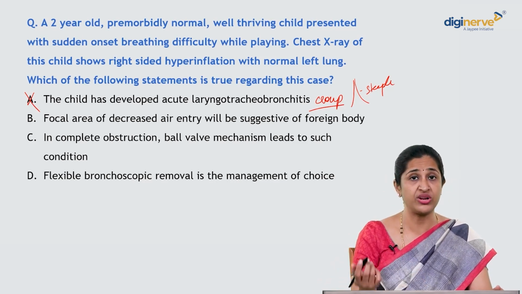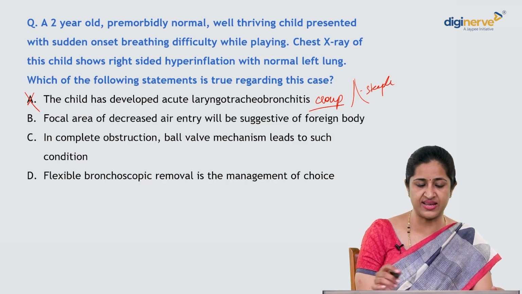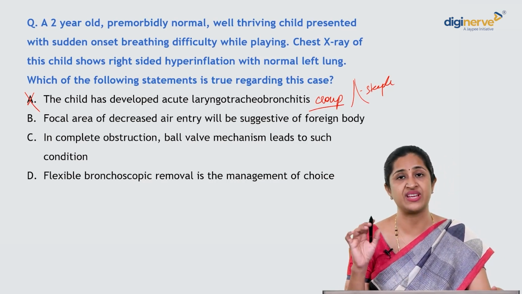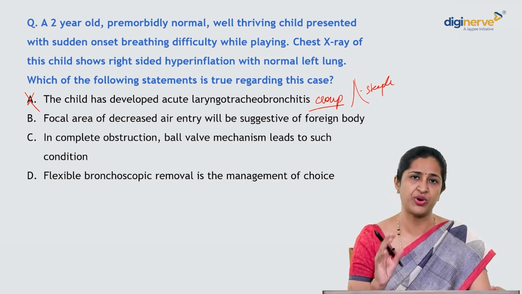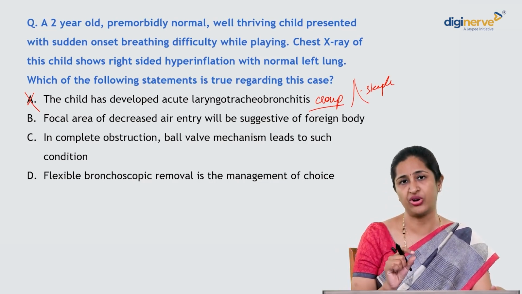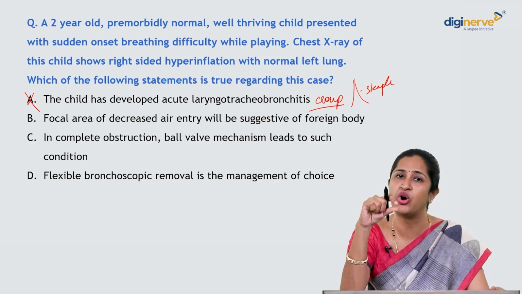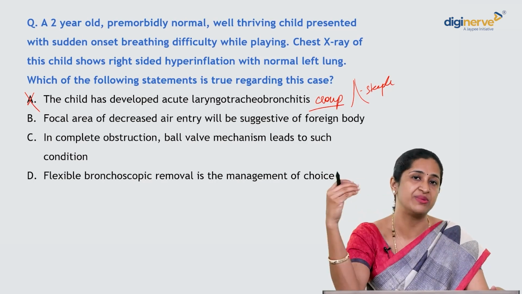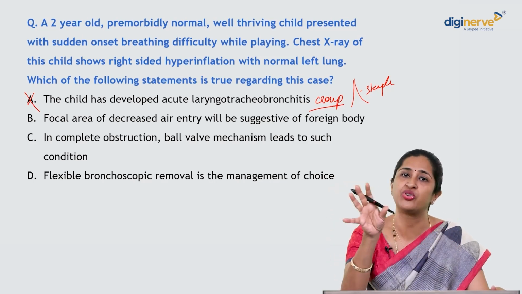So here they have not given us auscultatory findings. They are asking us, in the X-ray you have right side hyperinflation and left side normal lung. So most probably this is a foreign body which is having a ball valve mechanism in the right main bronchus, because of which the air is able to go in but not able to come out.